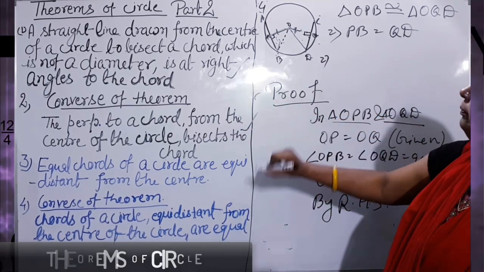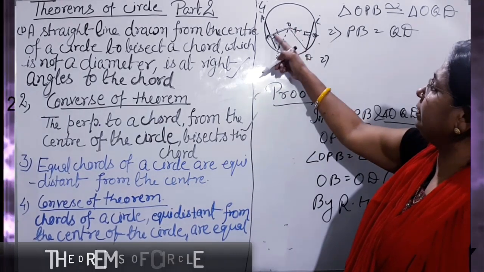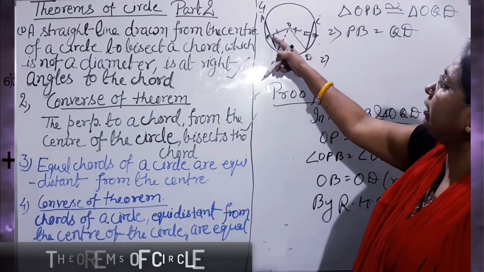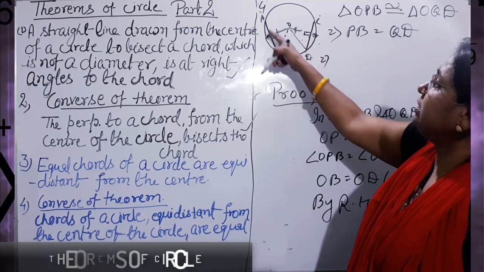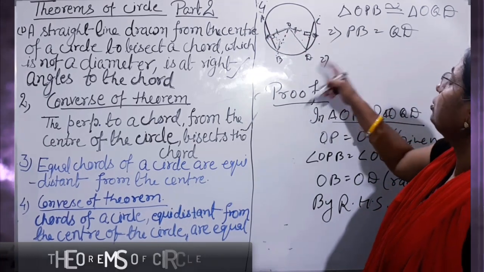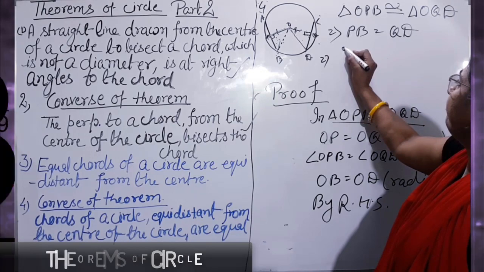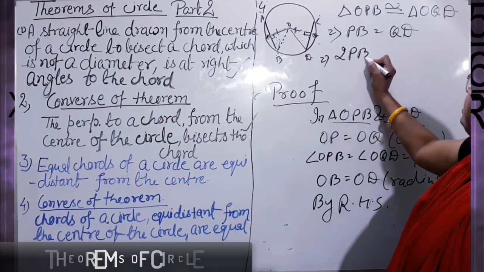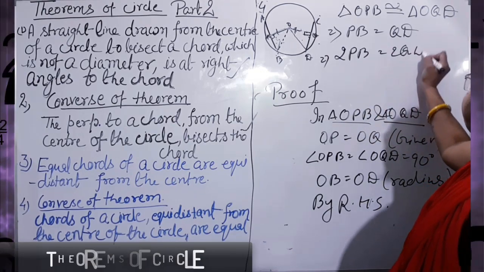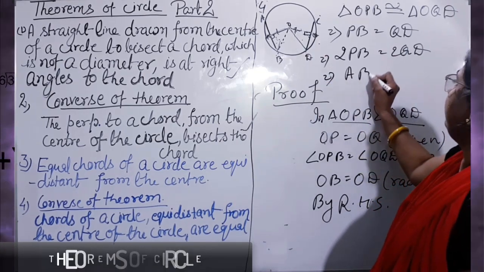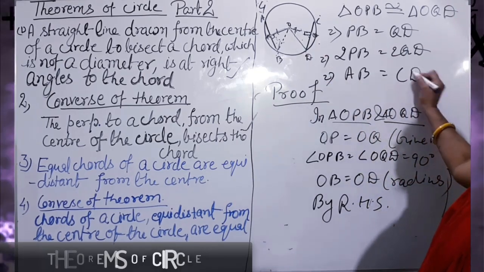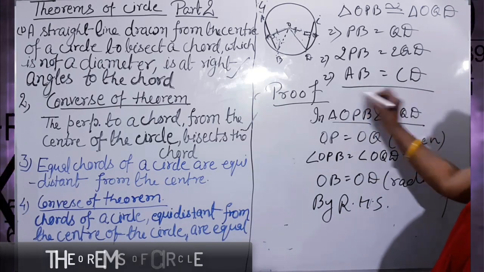According to the theorem, if it is perpendicular and equidistant, it bisects the chord. So multiplying both by 2, PB is equal to QD implies AB is equal to CD. Your theorem is proved.